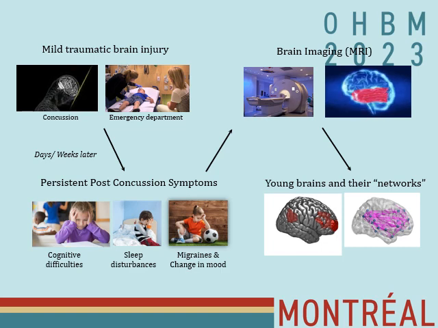And typically, when they present to the emergency department, assessments may necessitate a CT or MRI scan alongside concussion tests. Now, depending on the child or the type of injury or the location of the injury itself, various functional abilities such as cognitive attention, motor, and sensory functions can be affected in the days and the weeks post-injury.